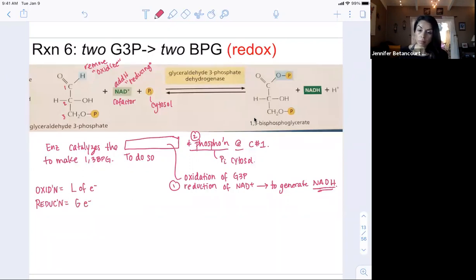There are some mnemonics for this. LEO: losing an electron is oxidizing. Leo's like a lion, right? And lions go grr, it's dumb, but gain an electron is reducing. So Leo the lion goes grr. If you can remember those things, then hopefully you can remember what oxidize and reduction mean.